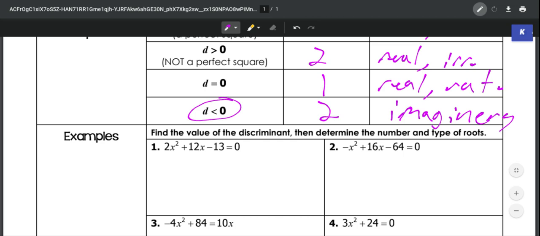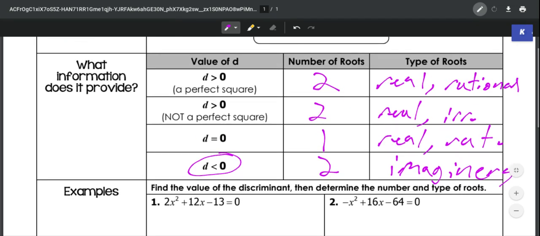But that is all the scenarios you could get into with finding the discriminant. So the discriminant tells you all those different things. Make sure that you use this chart to help you. You need to get this information written down, and you need to make sure that you know each of these. When the discriminant is greater than 0, that means you have two roots, and then you have to look at whether or not it's a perfect square.